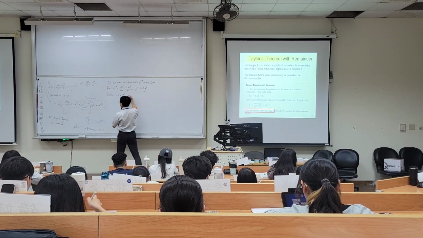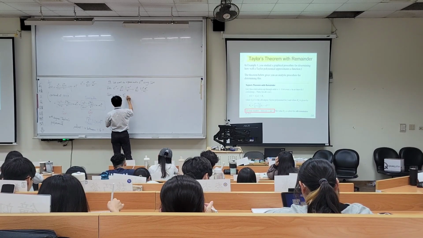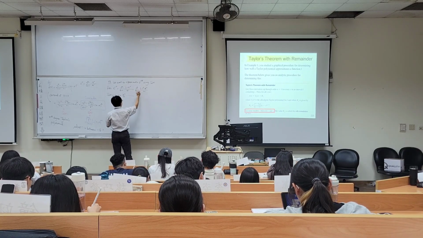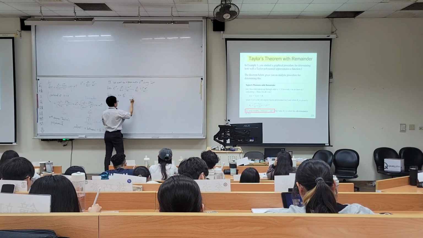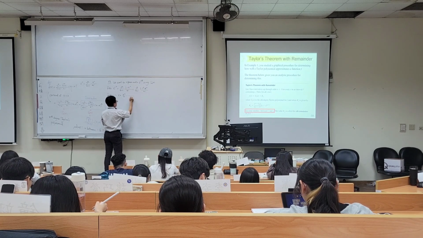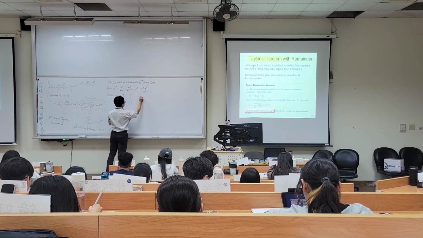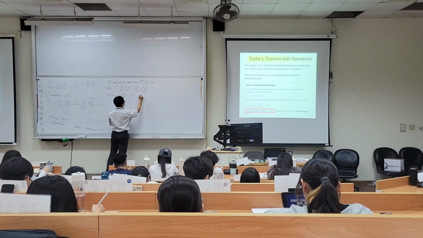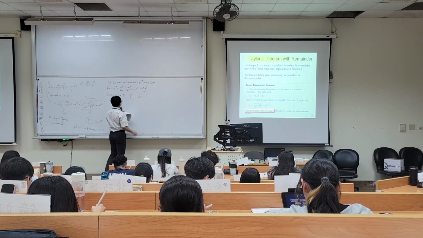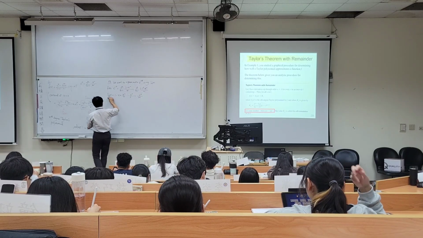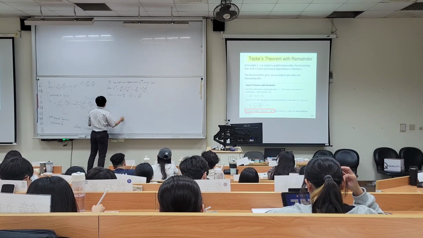This will be equal to minus x cubed over 3 factorial, which is 6, plus x to the 4th power over 4 factorial, 24. That's the fourth degree polynomial. That's all.